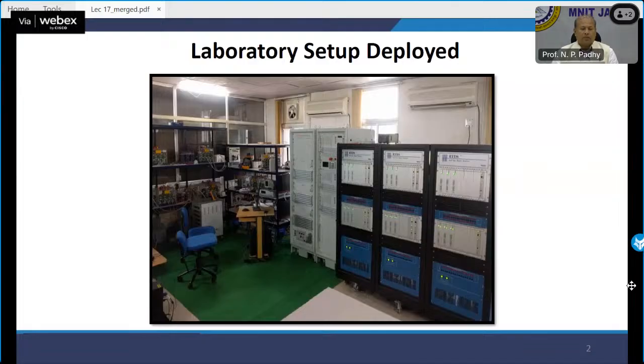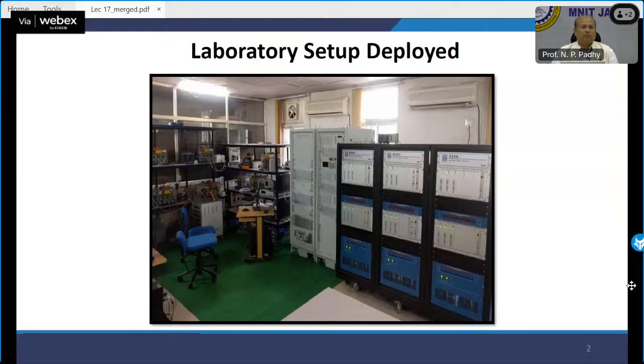The left one is my AC microgrid setup, and the right corner is the DC microgrid setup. Then both together become the AC-DC hybrid microgrid. And then they are connected to the RTDS as a simulator through the amplifier, which is lying in the center.